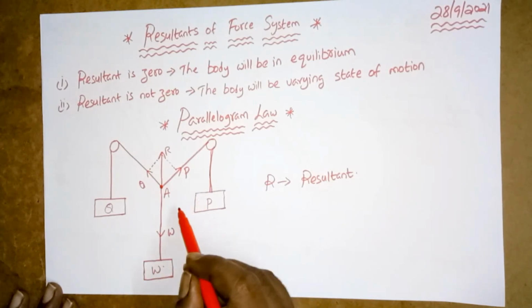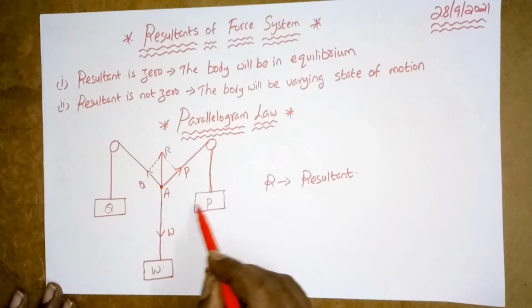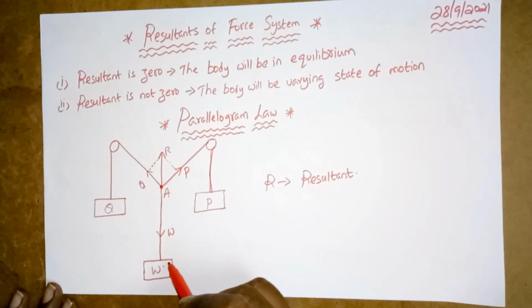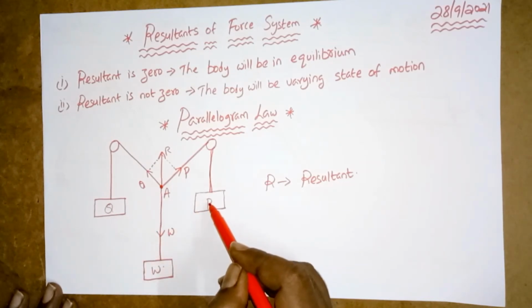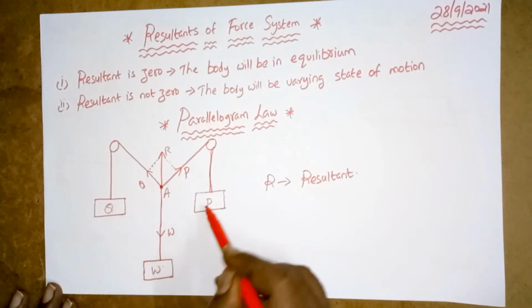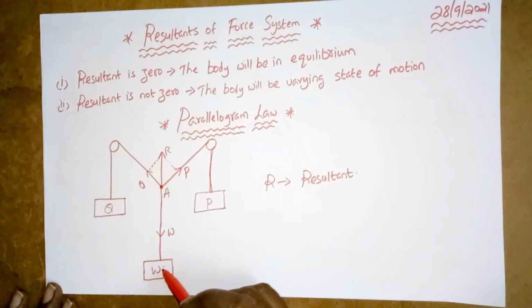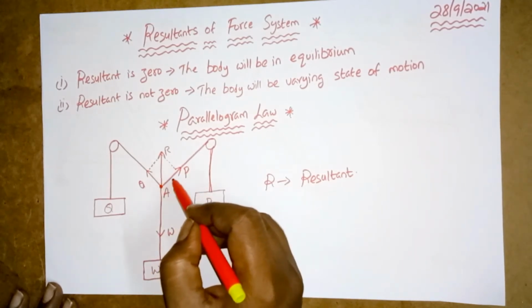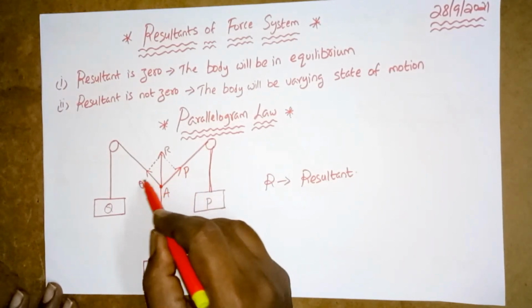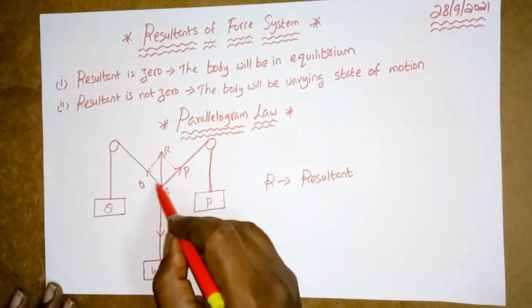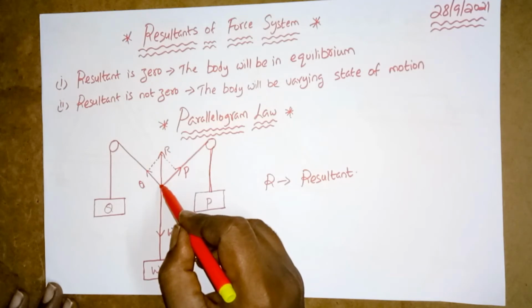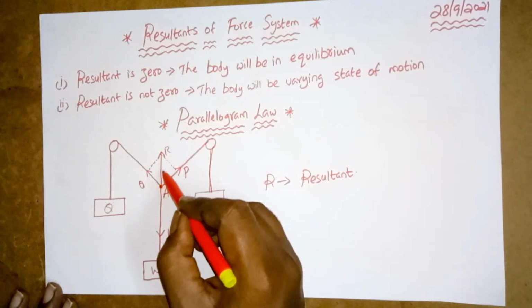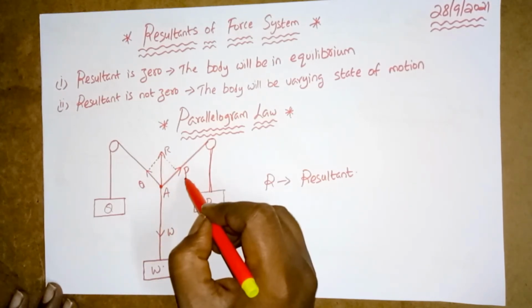I have just repeated once: we have selected three cords, and at the free ends we have placed the weights P, Q and W, right? First we plotted the vector of P, the vector of Q and the vector of W with reference to scale A. And we have plotted the diagonal of this parallelogram.